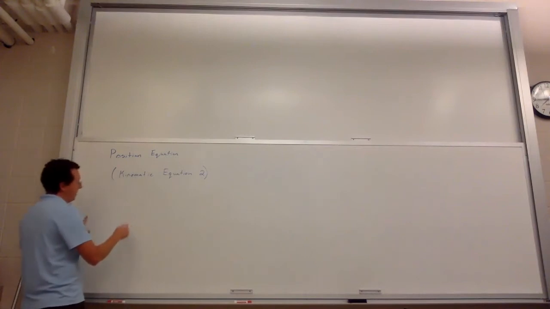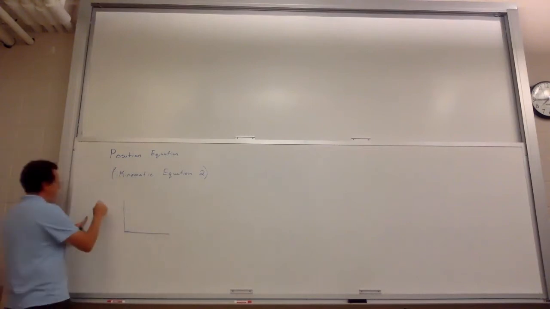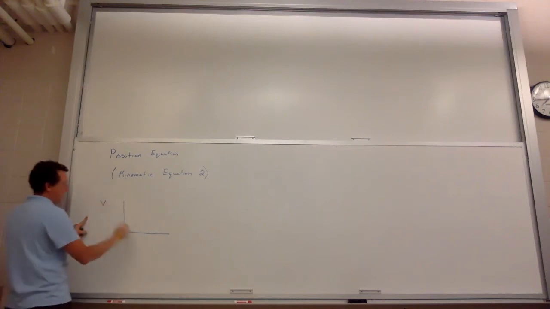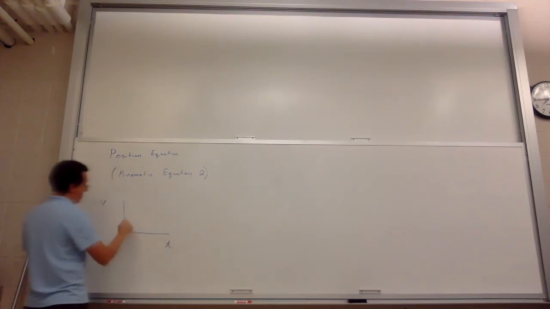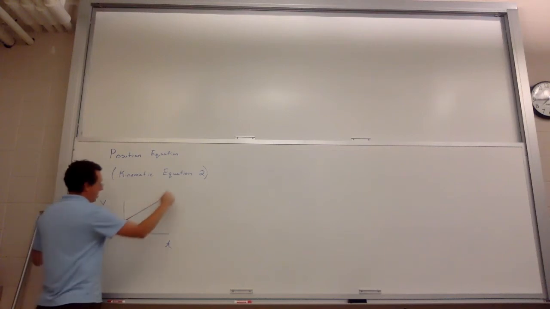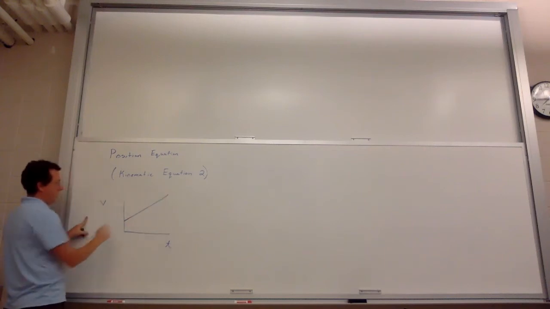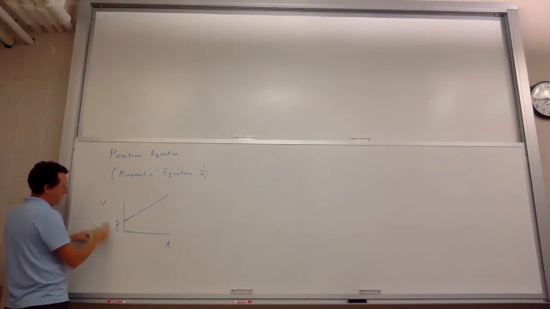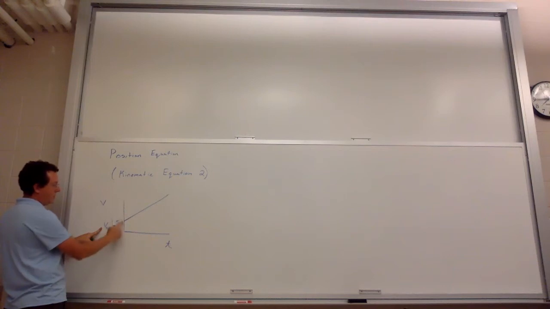That said that if we had a constant acceleration, we had a graph of velocity versus time, and it was a line. And we had an initial height, v0, that would be the velocity when time was 0, that would be how high the velocity graph was.